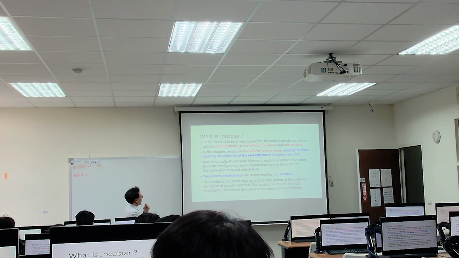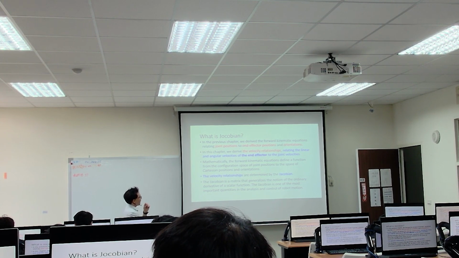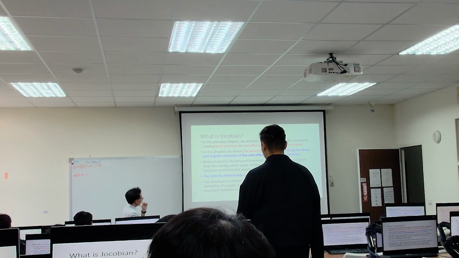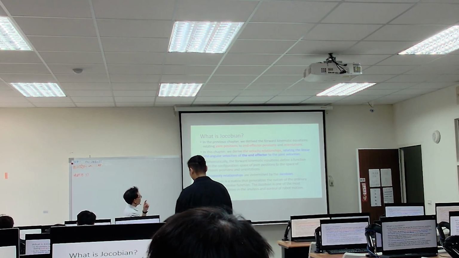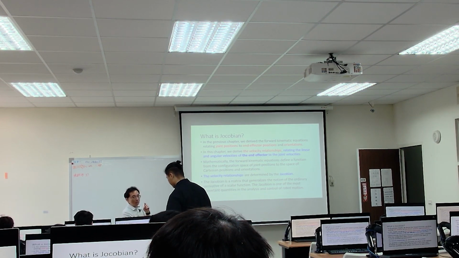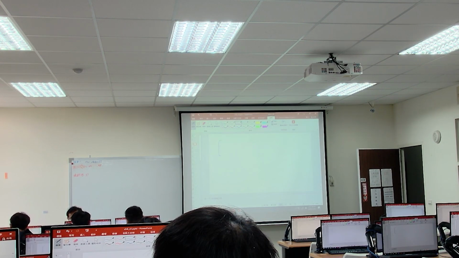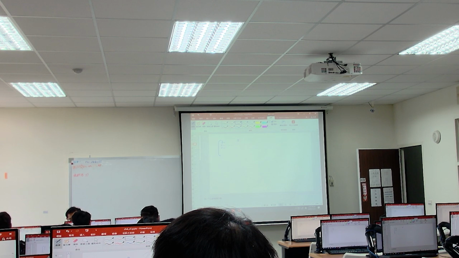So we derive a velocity relationship related to linear and angular velocity for any vector. We just finished the review for chapter 3. So we have R11, R21, R31, and O1, O2, O3, something like that.